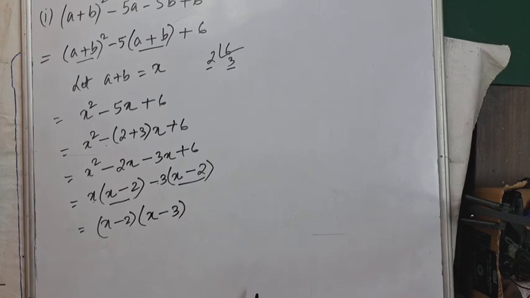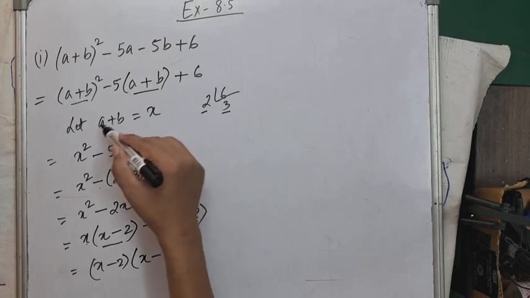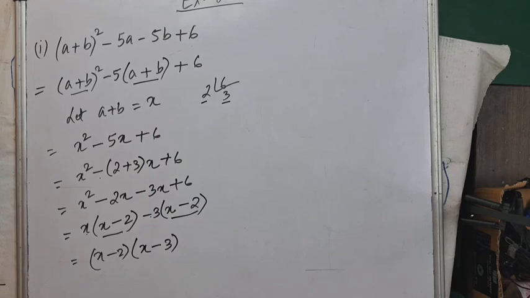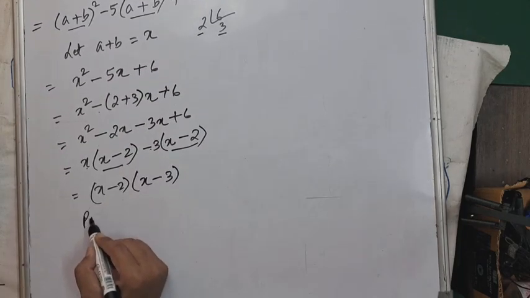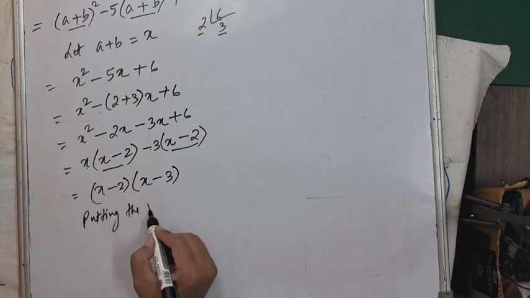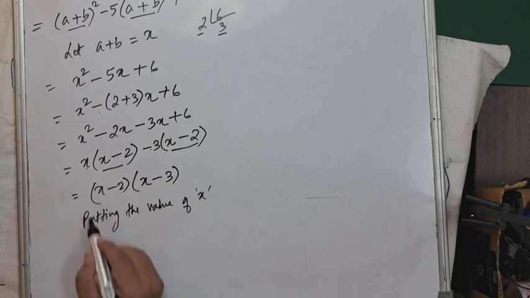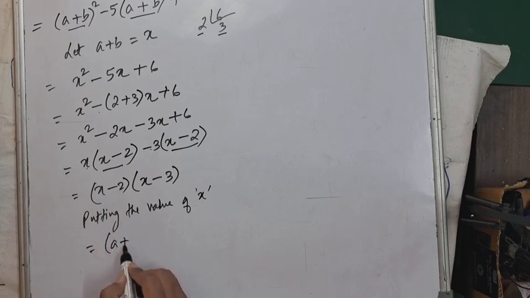Now we had supposed a + b as x, so we put back the value of x. Putting the value of x: x means a + b, and then minus 2.